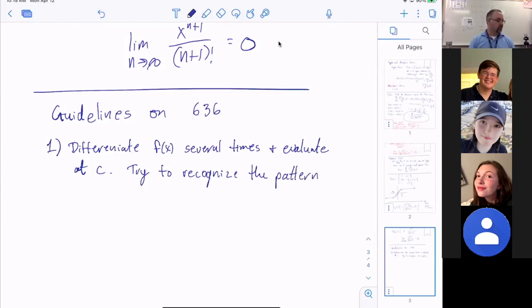And then you use the sequence to form the coefficients.